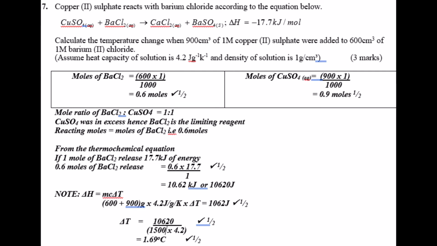So if you go ahead and do the calculations, you realize that the temperature change for this reaction was 1.69 Kelvin, which is equivalent to degrees Celsius, because we are working with delta T, the change in temperature. The units are the same.